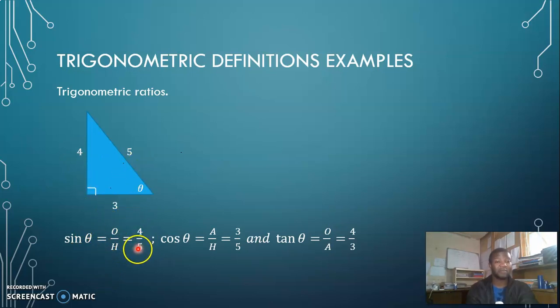Then you'll have cos theta, which is adjacent over hypotenuse, which is 3 over 5, as adjacent is 3 and hypotenuse is 5. And lastly, tan theta is opposite over adjacent, which is 4 over 3. So it does correspond with what we have been learning.